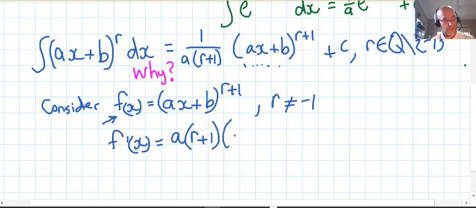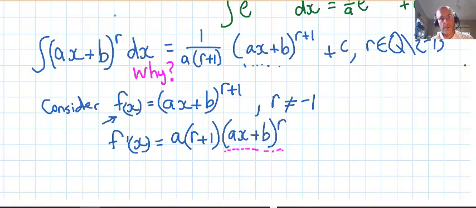This is all chain rule, so you could make a u substitution and do it the long way if you like. If you need to do that, pause the video and do that, but you'll see that the results are following, such that we have this.